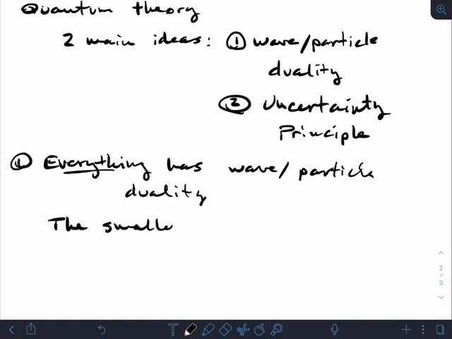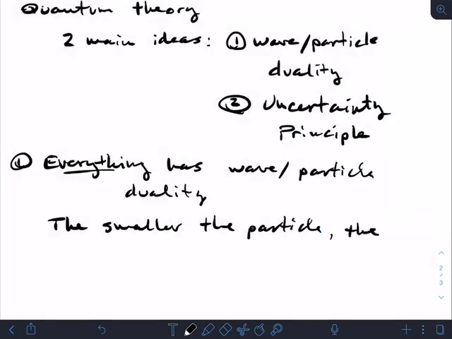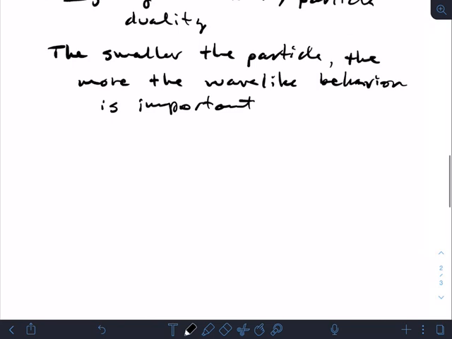The trick is that the smaller the particle, the more the wave-like behavior becomes important. Okay? And I'll do a little math demonstration here in a second.